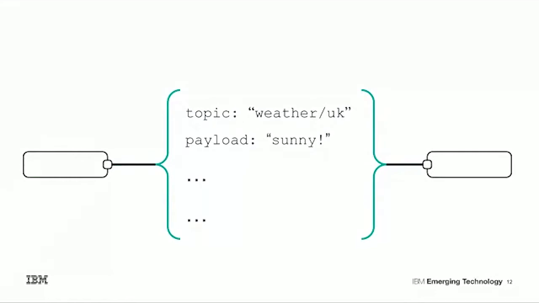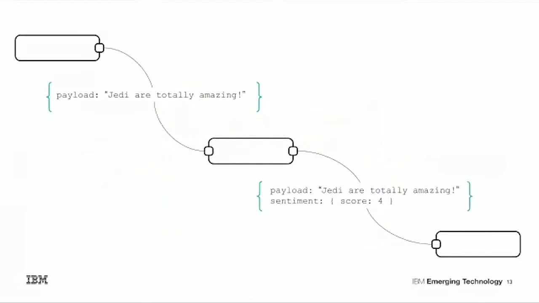But it is a free-form JavaScript object. So in fact, the Twitter node will also attach a property called tweet, and that includes the entire kilobyte of data that the Twitter API returns. But the key thing is, by convention, nodes will set and work with the payload property.